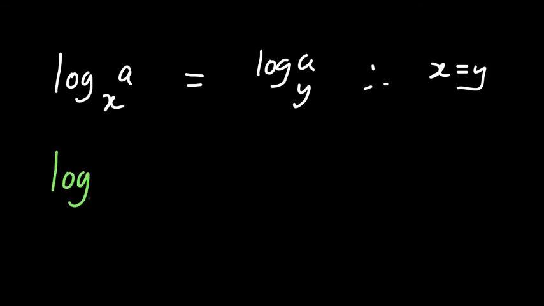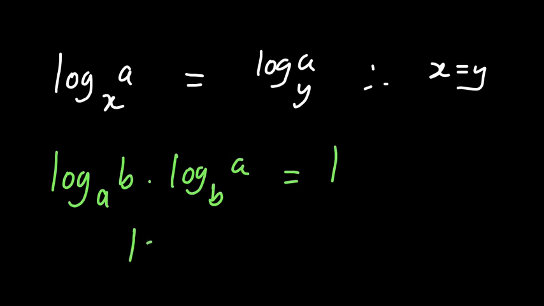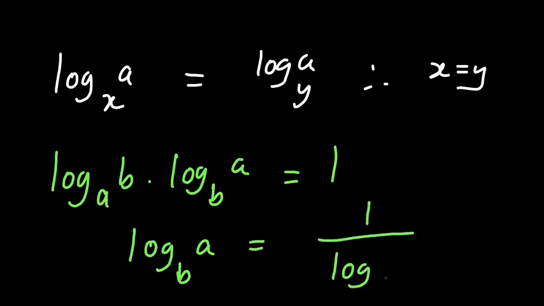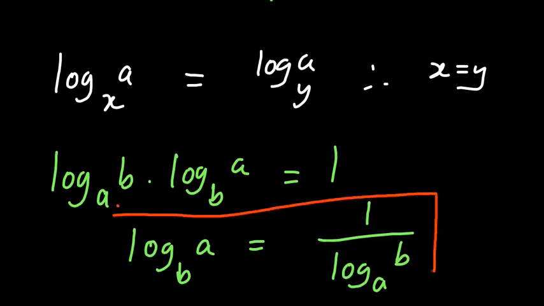It's log base a of b times log base b of a is 1, because we know that log base b of a is the same as 1 over log base a of b. So this is an interesting property. We can actually prove this one, so let's prove this property.